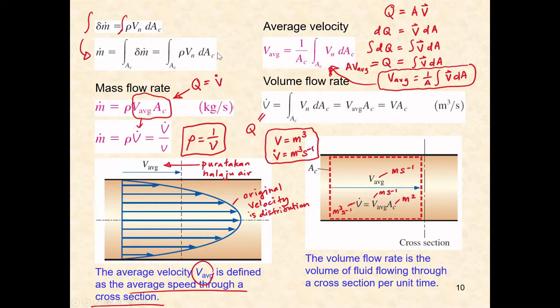If you can assume that the density is constant, you can move the density out, and if you take the integration of the velocity multiplied by dA, you get something like this. Then if you divide it by the cross-sectional area A_c, you will get V average. So the V average is basically the average velocity of the fluid flowing in the pipe.